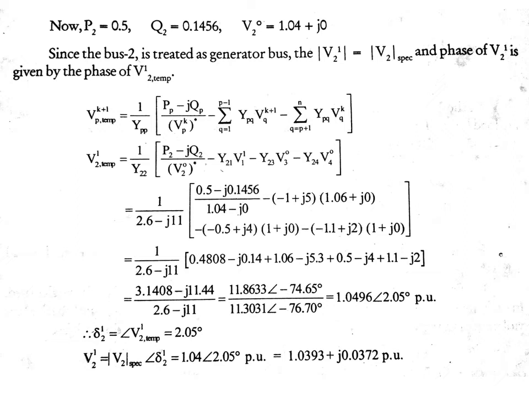So in this equation we will substitute P equal to 2, K equal to 0 and N equal to 4, that is V2 of 1 temporary, and we will find the value as 1.0496 angle 2.05. So the required angle delta 2 of 1 is 2.05.